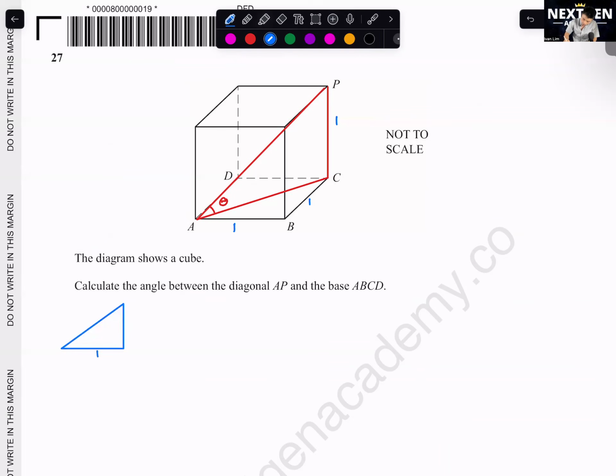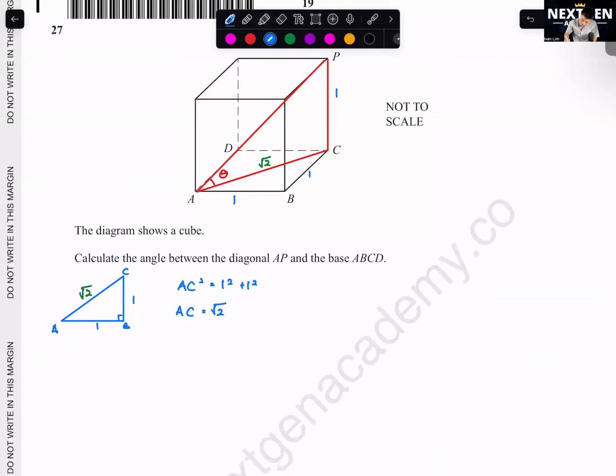AC. 1, 1, this is triangle ABC. We're going to use Pythagoras theorem to find the length of AC first. So AC squared equals 1 squared plus 1 squared. AC is root 2. So this part here is root 2. Now, using this triangle PAC, we have root 2 at the bottom, we have 1 here.